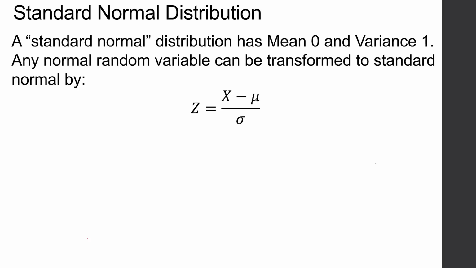You can picture subtracting mu from all the observations will center the distribution at 0. For example, in our IQ distributions, if the average IQ is 100, and we subtract 100 from every value, then it's going to shift every value to be centered at 0.